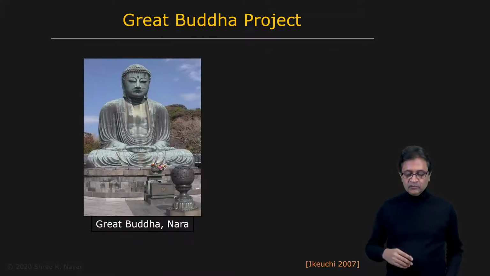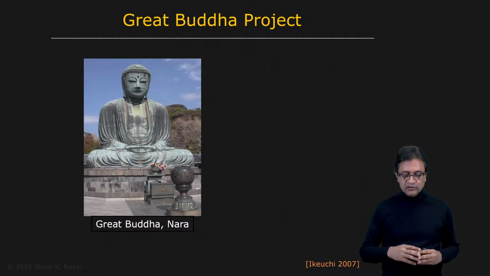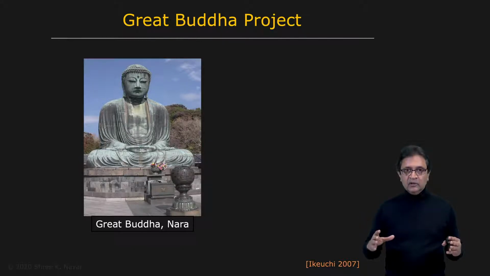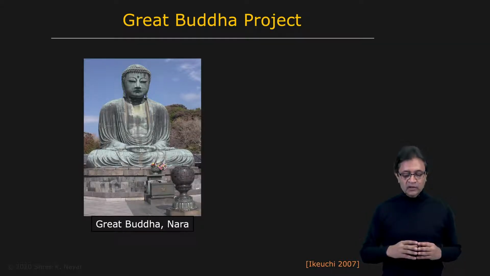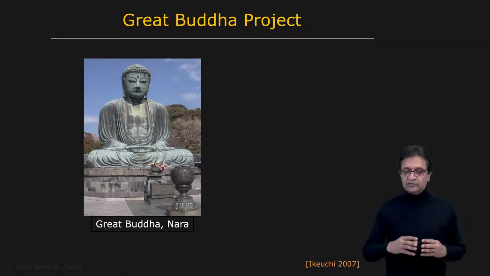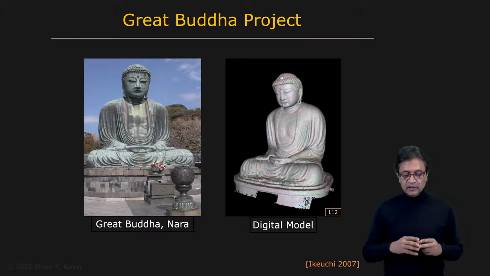A similar project was led by Katsushi Ikeuchi, and this is called the Great Buddha Project. And so his team, again a large team, was able to create digital models of various monuments in Japan, Cambodia, and other places. So here is the Great Buddha in Nara, and here is the digital model of the Buddha.